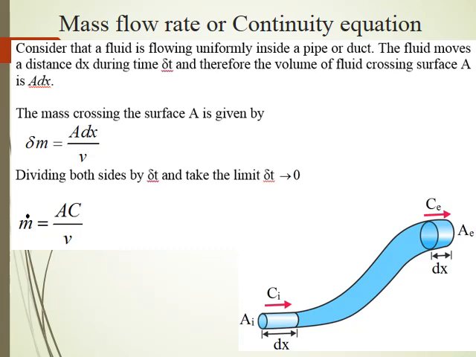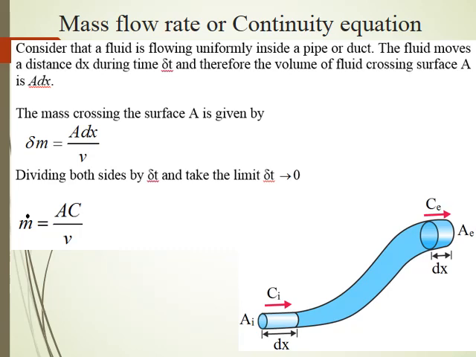Now the mass crossing the surface area A is given by A dx, that is the volume of the fluid, divided by its specific volume. So we have written delta m is equal to A dx, which is volume, divided by specific volume. Now we divide both sides by delta t and take the limit delta t tending to 0, and we get the final expression.